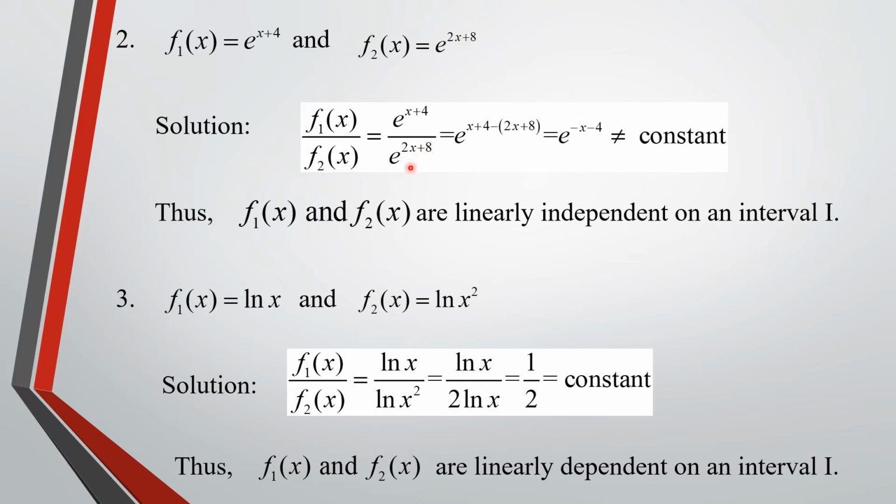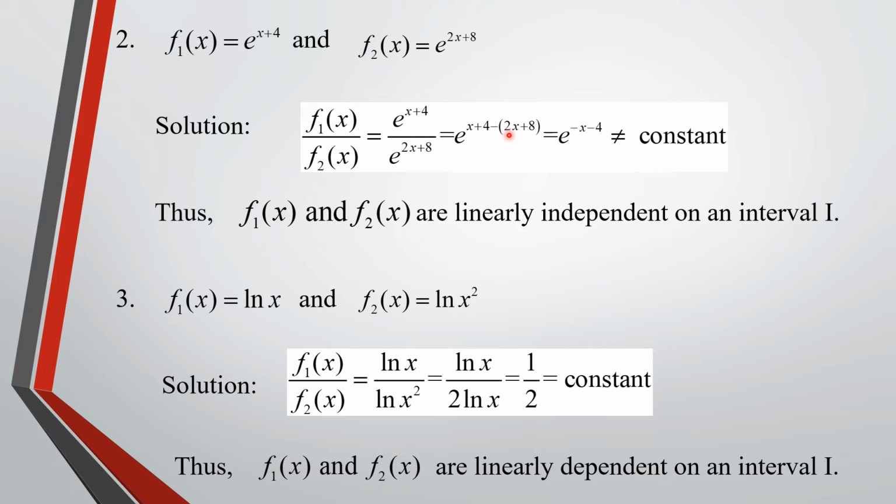Since we have a division of two exponential functions with the same base, what we have to do is to take the power of the numerator minus the power of the denominator for the same base e. So you get e to the (x plus 4) minus (2x plus 8).